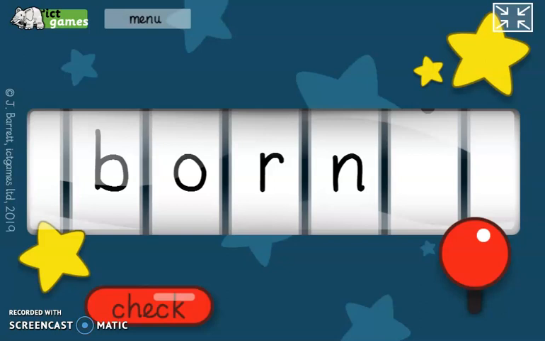There are 3, because the 2 letters in the middle of the word come together to make the sound or. So you try and sound it out on your own. And now let's do it together. B, or, n, born.